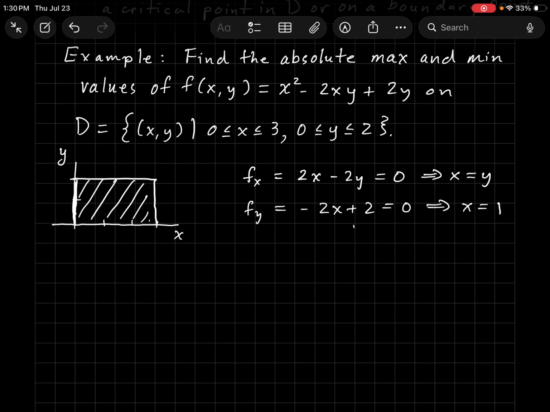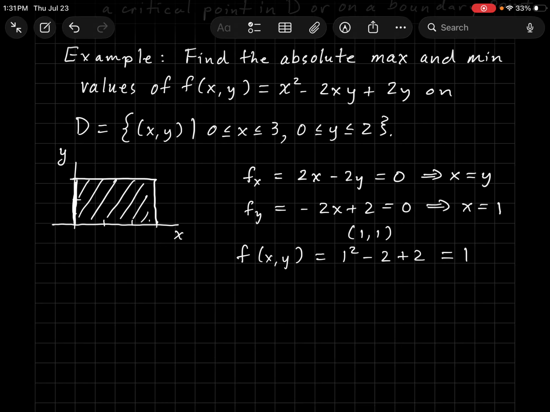But since x equals y, the critical point is the point 1, 1. Now, just like in single variable, we can check endpoints and boundary points and plug these into our original function without doing other work like finding the second derivative test, and just get values and see which are the biggest and which are the smallest. So if I plug in the point 1, 1, we get 1 squared minus 2 plus 2, which equals 1.